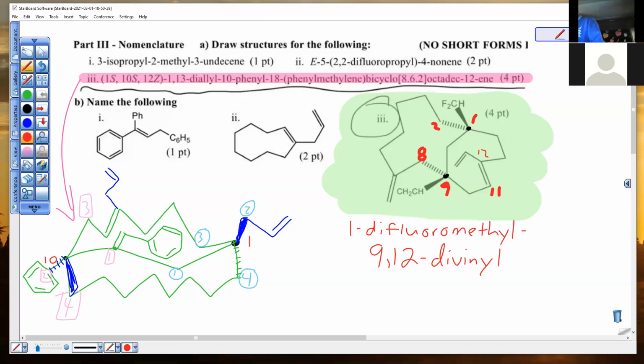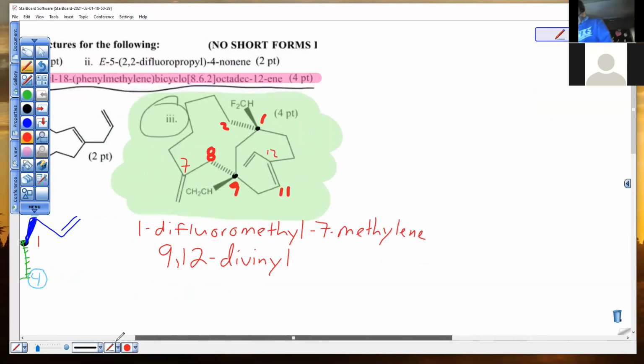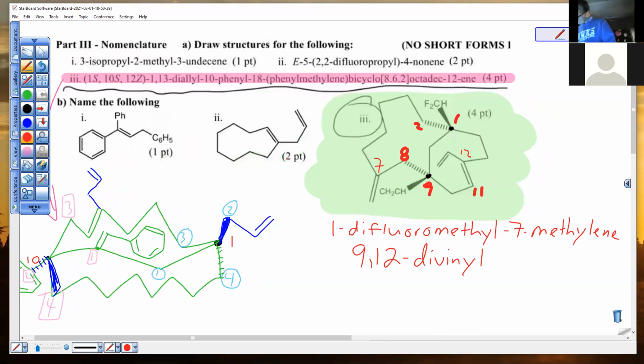And on number 7, we have a methylene. 1-difluoromethyl covers this. 7-methylene covers that. 9,12-divinyl has this vinyl and this vinyl.